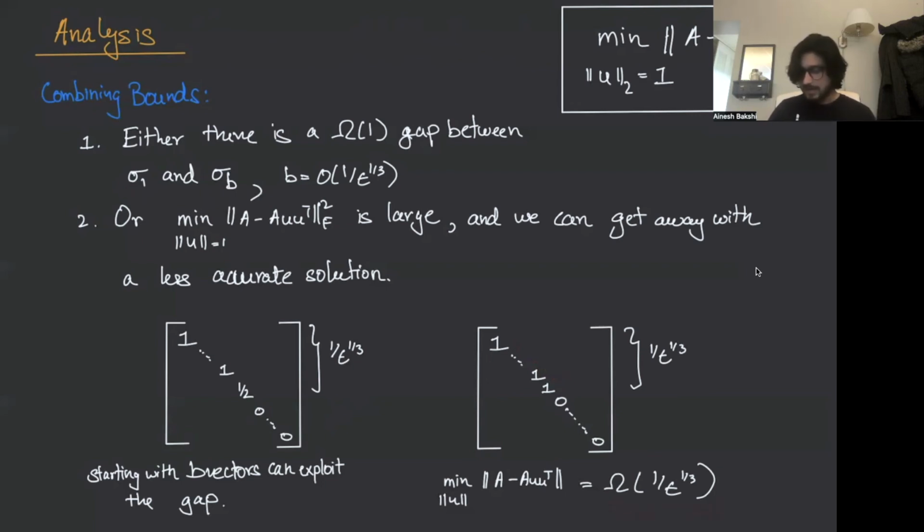If we want an additive epsilon times OPT approximation, we only need additive error epsilon to the 2/3. And this we can get by simply running the original gap independent bound for 1 over epsilon to the 1/3 iterations.